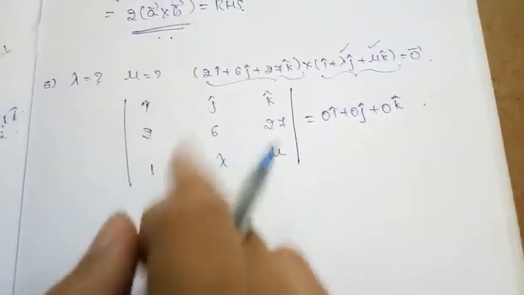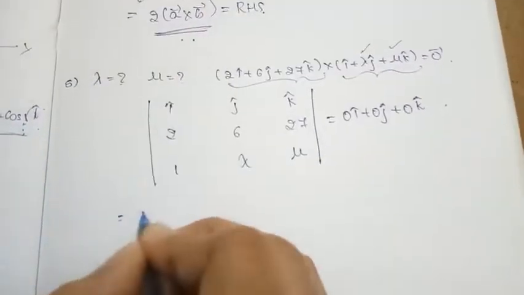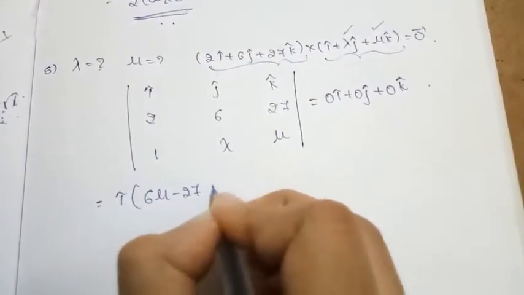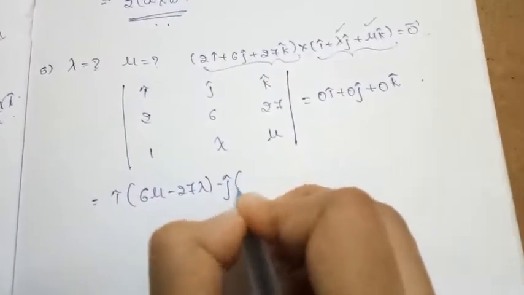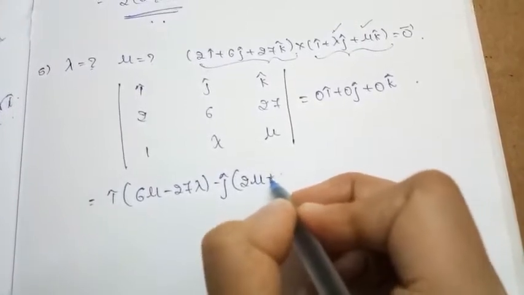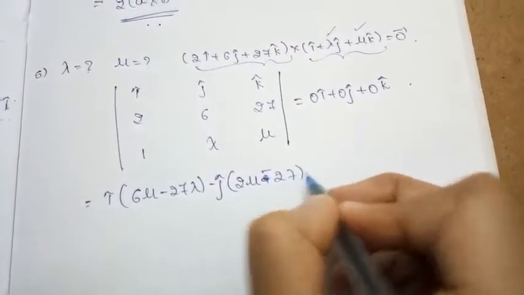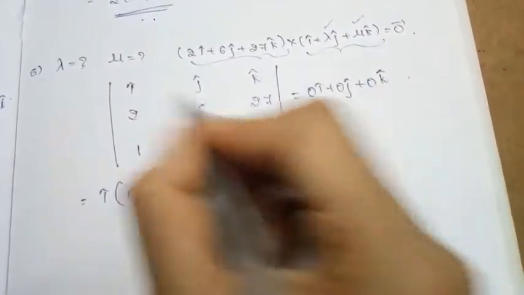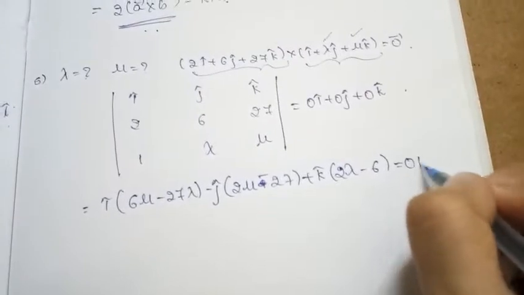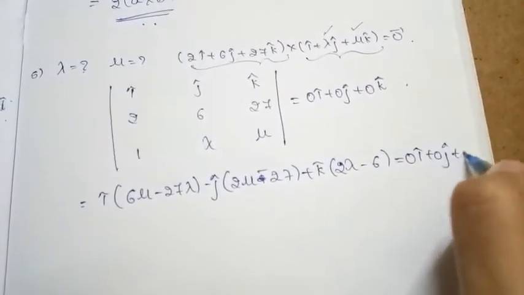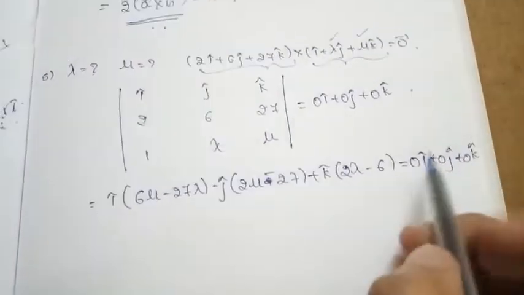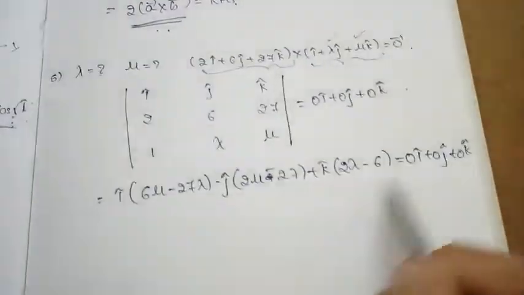Now I am expanding this one along the first row. That is nothing but i cap (6 mu minus 27 lambda) minus j cap (2 mu minus 27) plus k cap (2 lambda minus 6), which is equal to 0 i cap, 0 j cap, 0 k cap. Since this one is equal to this one, the two corresponding components are equal.